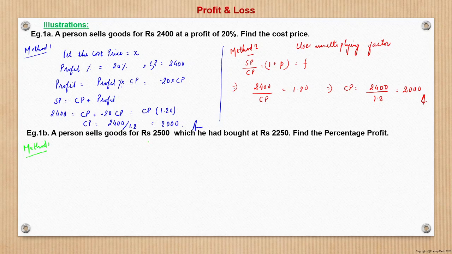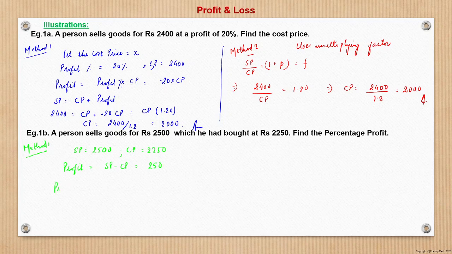A person sells goods for rupees 2500 which he had bought at rupees 2250. Find the percentage profit. So here SP is given as 2500, CP is given as 2250. So what is the profit? Profit is always SP minus CP. So SP minus CP is 250 rupees.